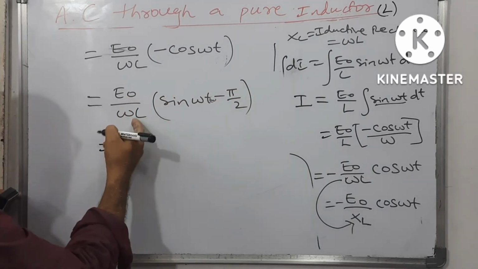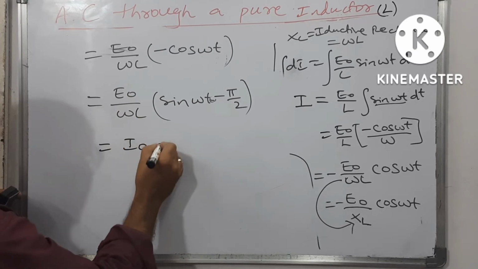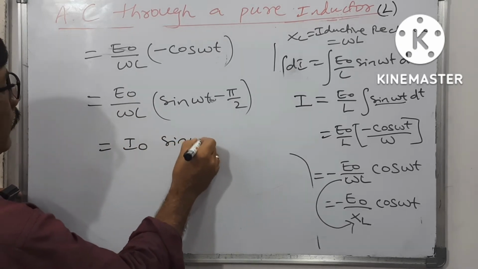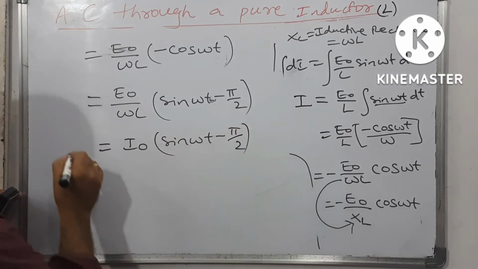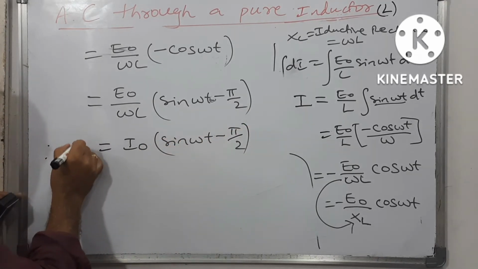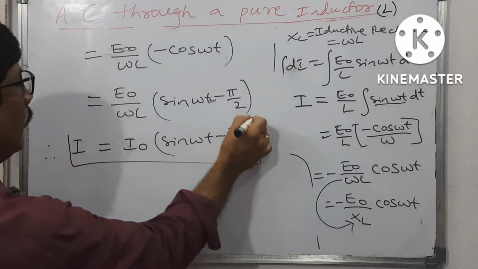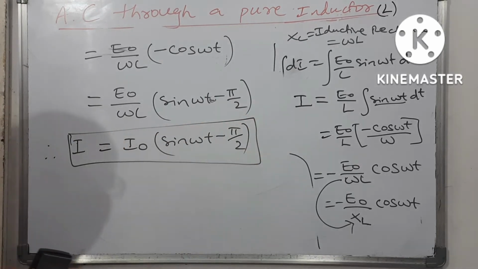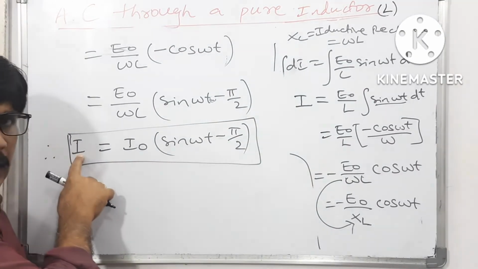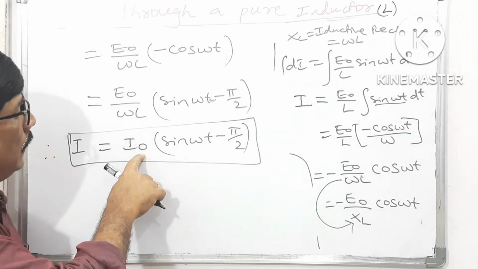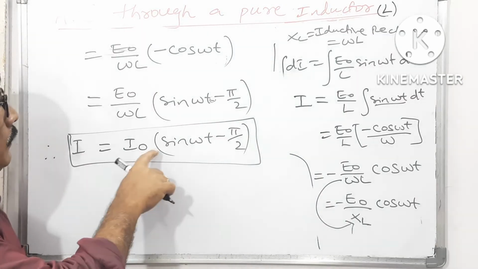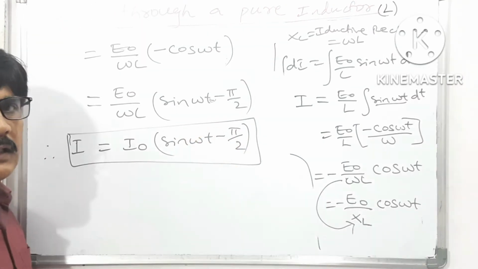That means E naught by omega L is nothing but I naught. Therefore, the instantaneous current at any instant of time in the pure inductive circuit is I equal to I naught sin omega t minus pi by 2.